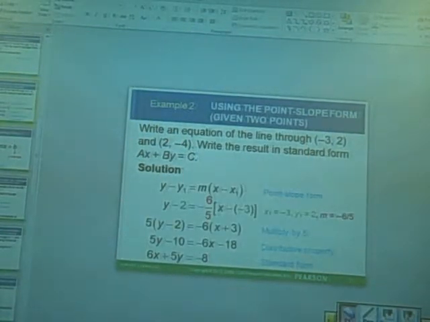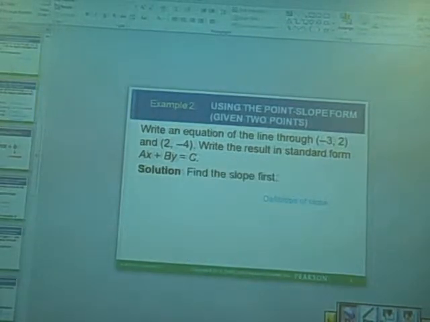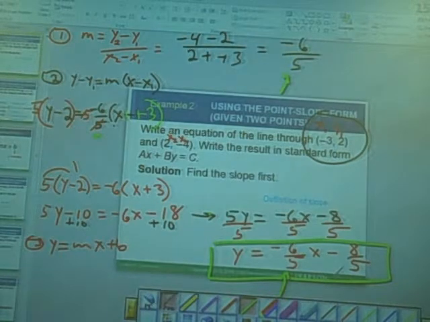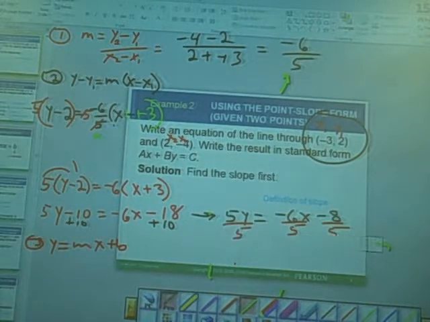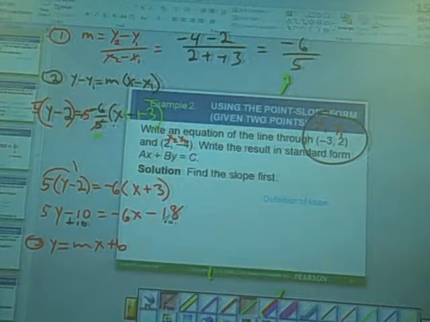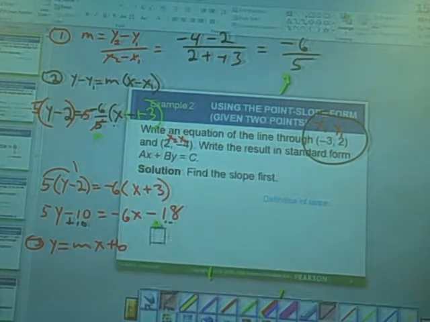Alright, and so now they left it in standard form. Now if they wanted it in standard form, let's see, write the result. Okay, they wanted it in standard form. So actually in this case, since they wanted it in standard form, then what you would do here is you would still apply plus 10 to both sides.